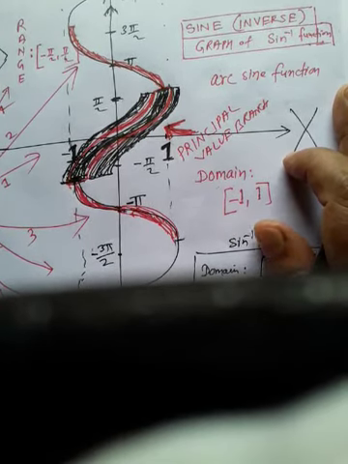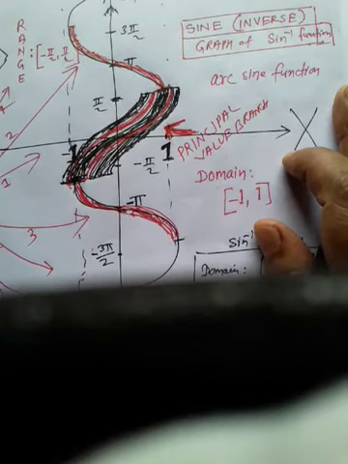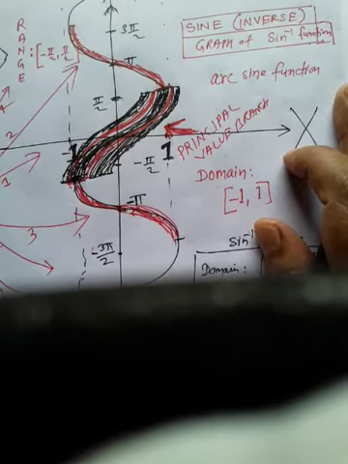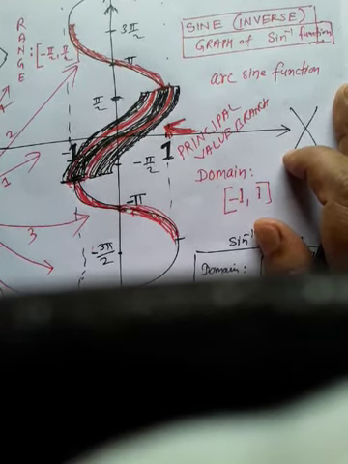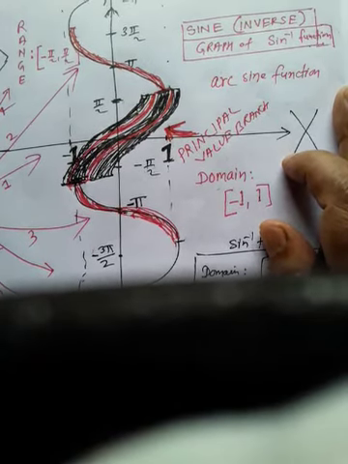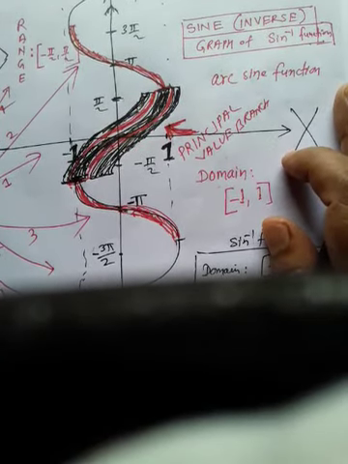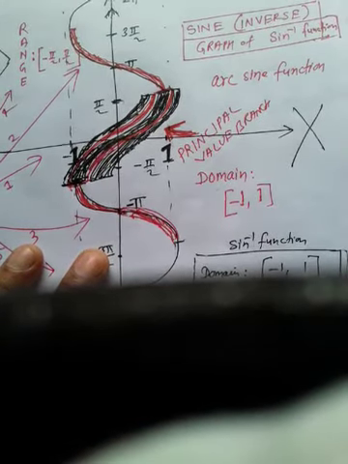Sin inverse, cos inverse, tan inverse, all the functions have been drawn on one page. Please go through that, and if any problem is there, just try to concentrate there, and in the next topic we will be discussing more. Thank you.